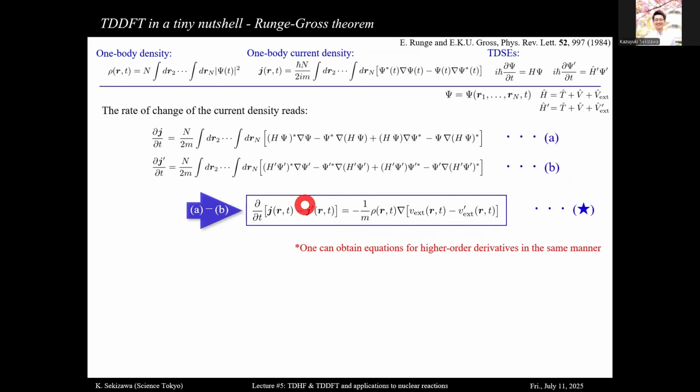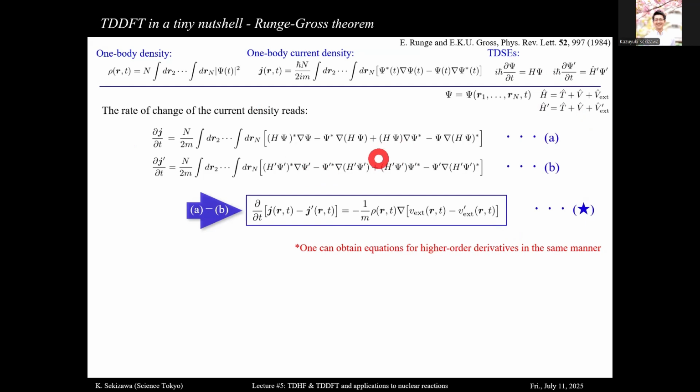So the left-hand side is just a difference of J and J prime. And on the right-hand side, okay, since T and W, this one kinetic energy operator and the interaction operators are the same, if you take the difference, the terms proportional to those terms cancel. Okay. The only difference coming from this V and V prime, the external potential.